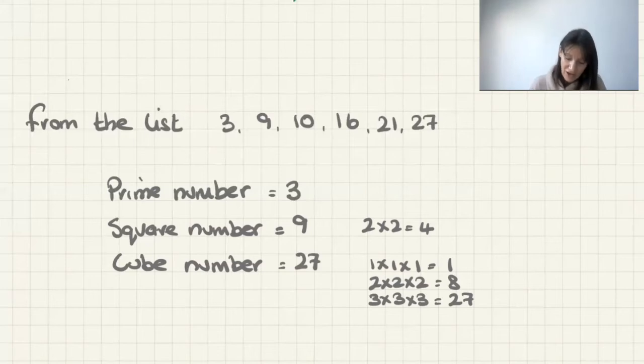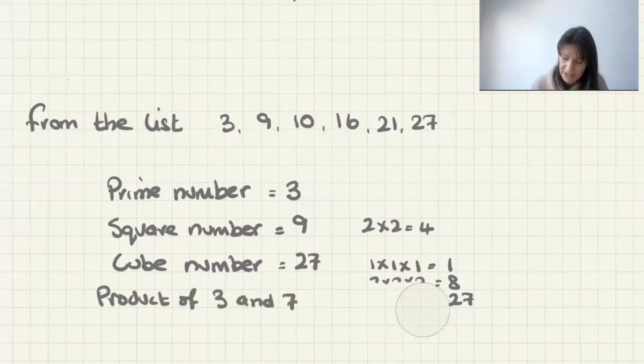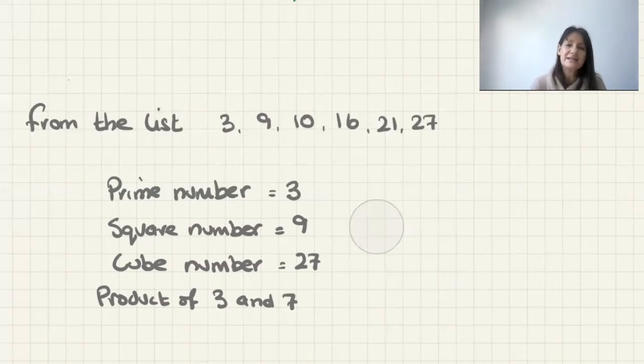Okay. All right. The last one is I would like you to find the product of 3 and 7. Which number is the product of 3 and 7? Okay. Product means times.